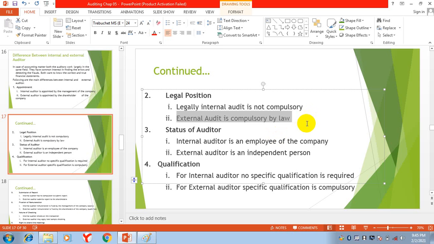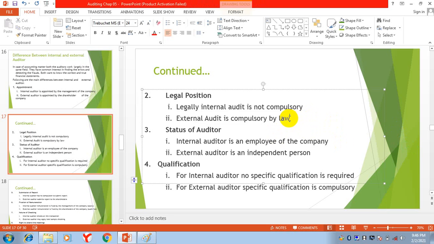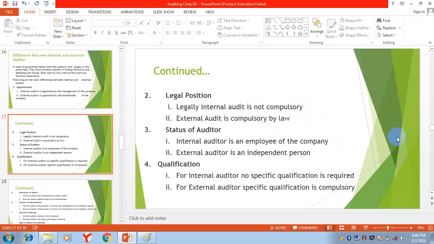You have to hire an external auditor. There must be an audit once a year. But internal audit is not compulsory. That is the second difference between internal and external audit.